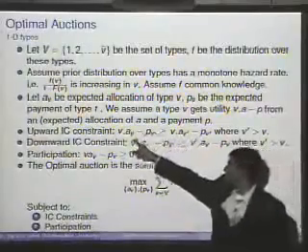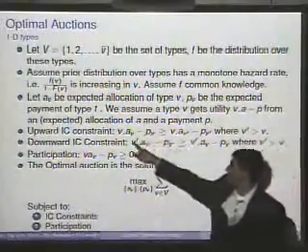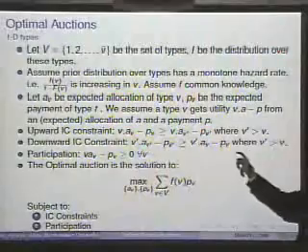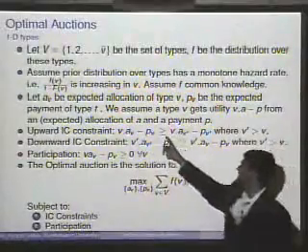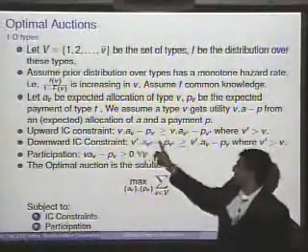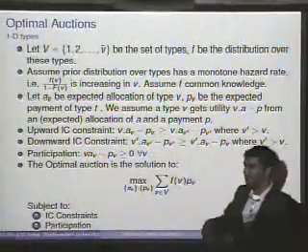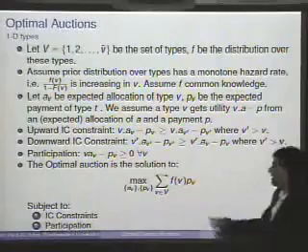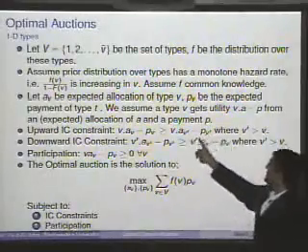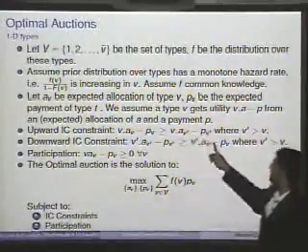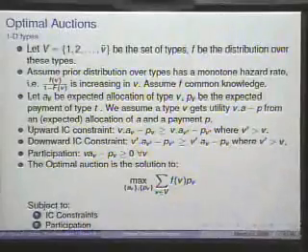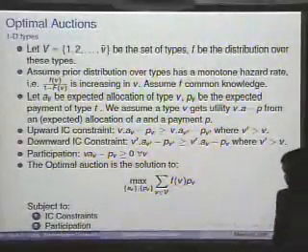Here the agent's true type is V prime, because I just wanted to maintain V prime greater than V in both cases. This is the expected utility of an agent who is of type V prime and announces type V prime. And this is the expected utility if he is of type V prime, but announces V less than V prime. So they don't contradict each other.